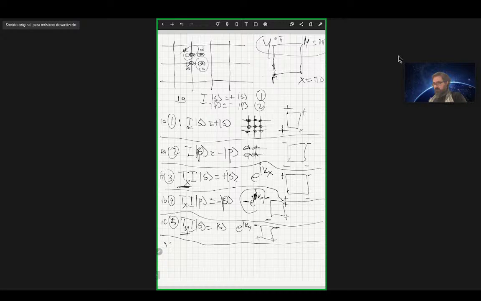The sixth atomic limit is a p orbital at the 1c position. If I Fourier transform, I keep this minus eigenvalue, but I get the phase from this, and the eigenvalues are minus minus plus plus.